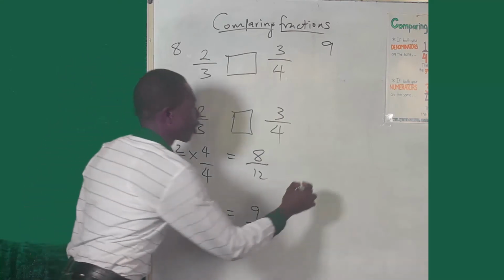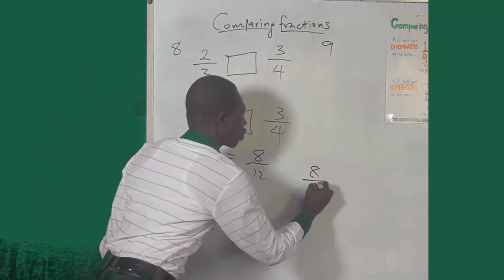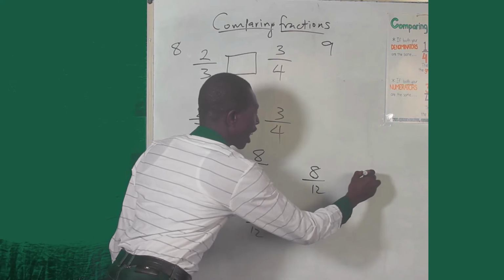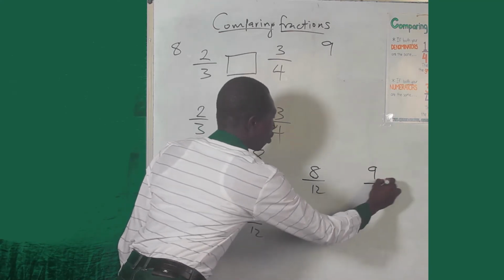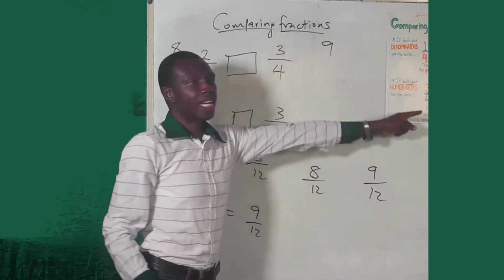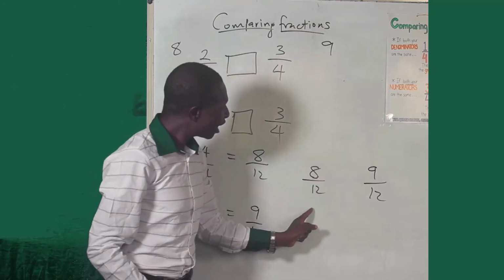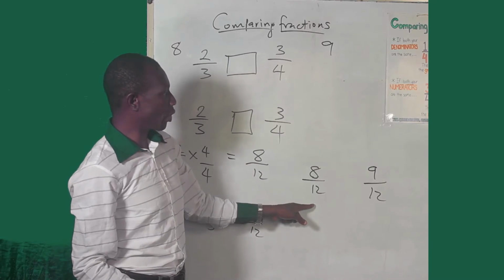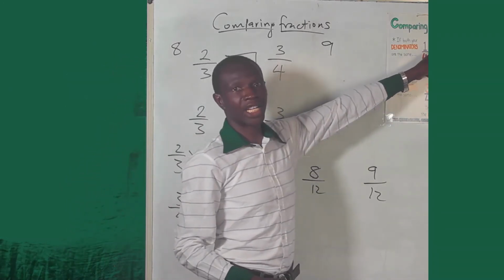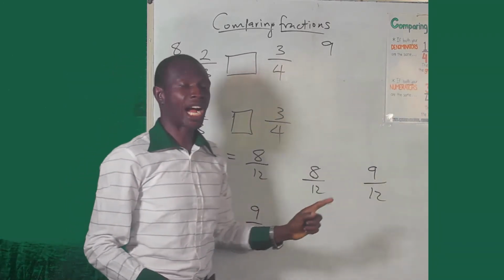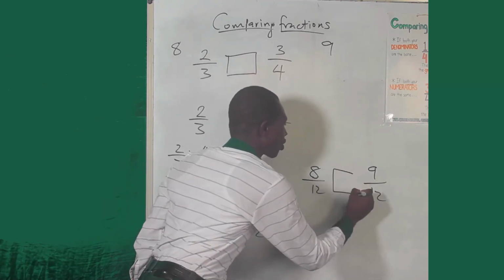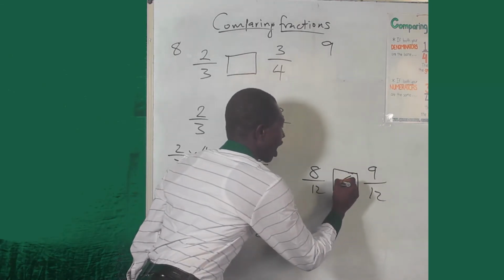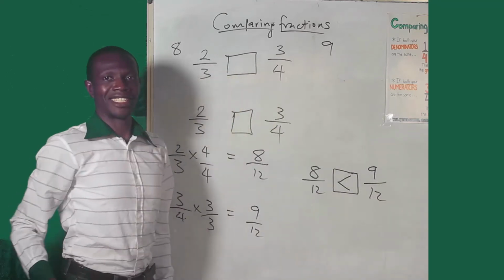Let us have a look. 8 over 12 compared to 9 over 12. Remember your chart. When you have two fractions having the same denominator, the one with the bigger numerator is the bigger fraction. So in this box here, it means the alligator is going to eat this.